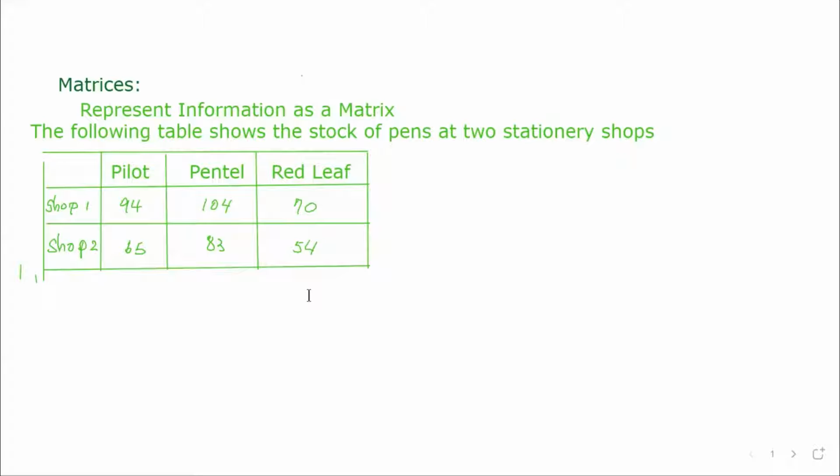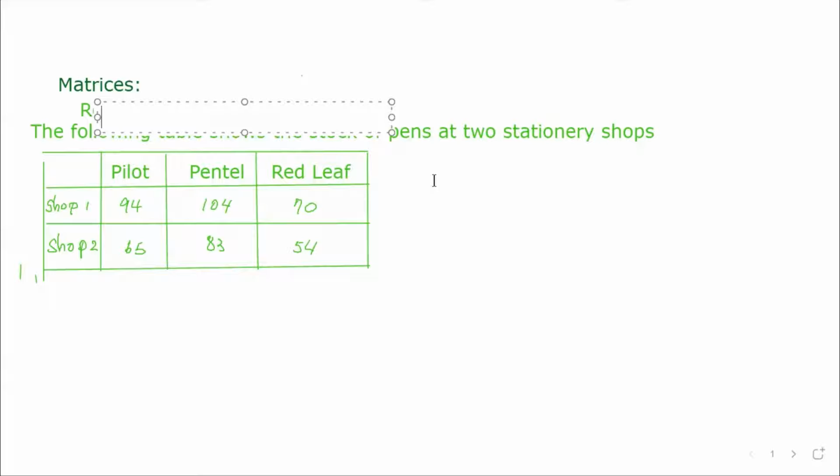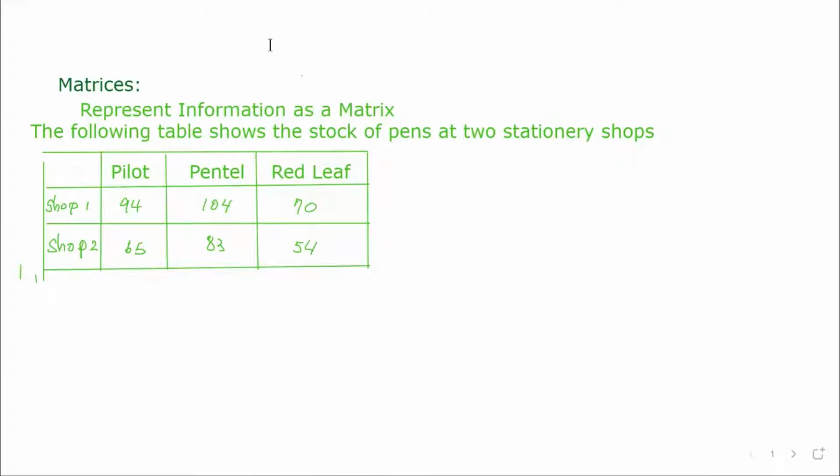But when we talk about a matrix, we can write it down another way. We use a big bracket like this, and then we write down 94 and 104. This represents each kind of pen in shop one.